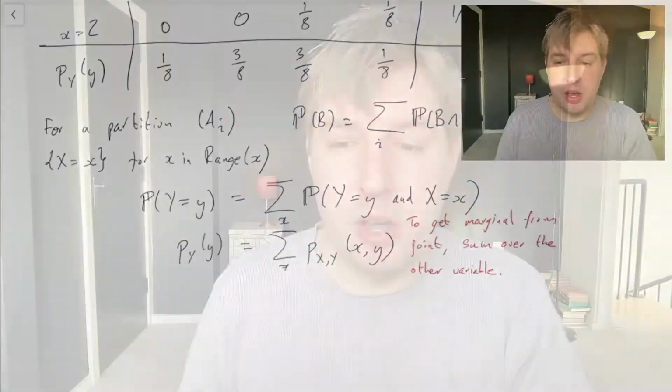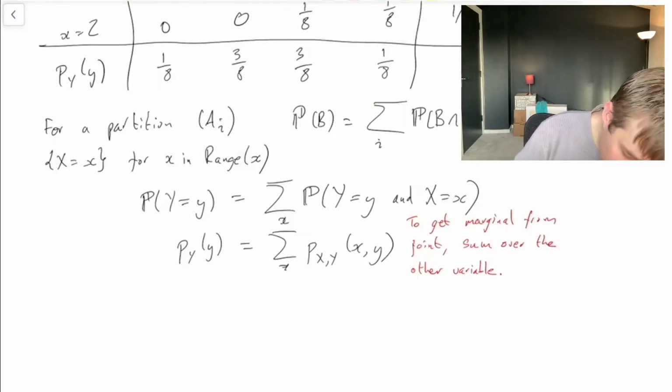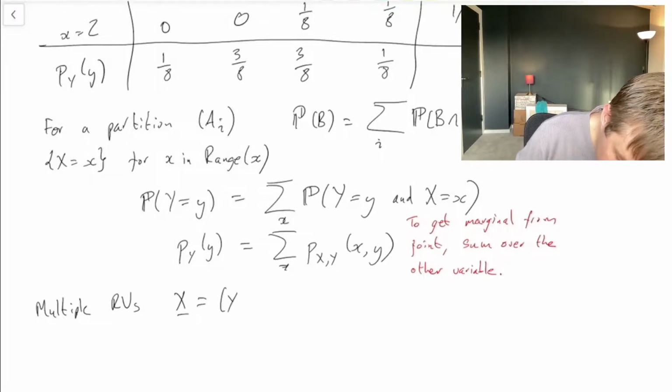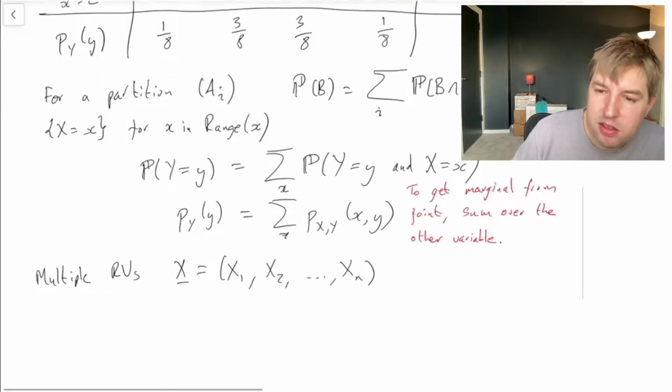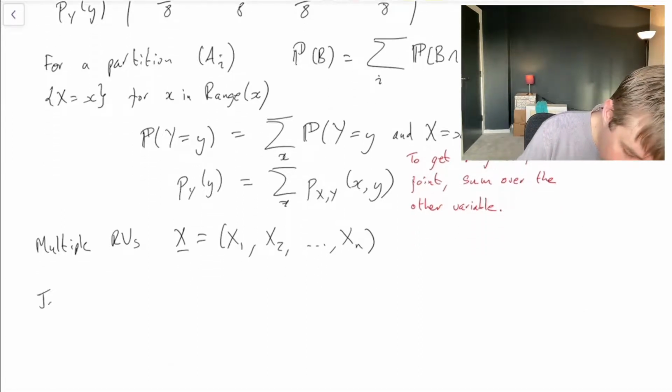So that was about just two random variables, but you might have lots of random variables together. In that case, everything basically works the same way. So for multiple random variables, X being a vector X1, X2, ... Xn, the joint probability mass function works the same way.